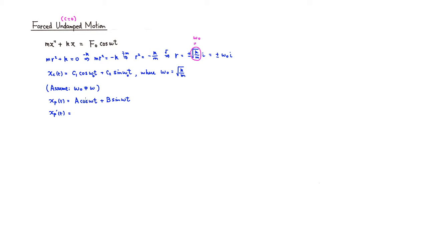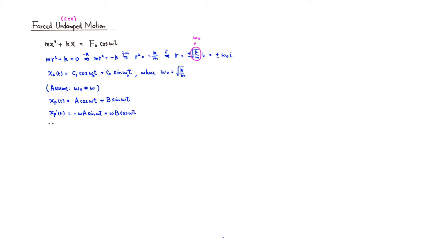Derivative of a cosine of omega t is negative omega a sine of omega t, and derivative of b sine of omega t is plus omega b cosine of omega t.